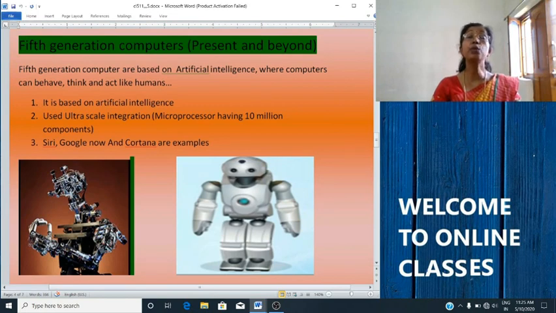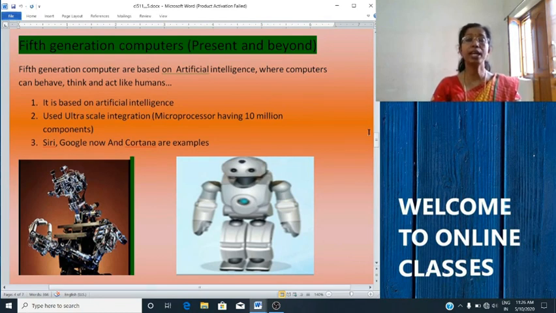That means the computers can behave like humans, think and act like humans, and take decisions by themselves. The main objective of 5th generation computers is to develop a device that could respond in a natural way. It will be capable of thinking, learning, and will have the power of human intelligence.